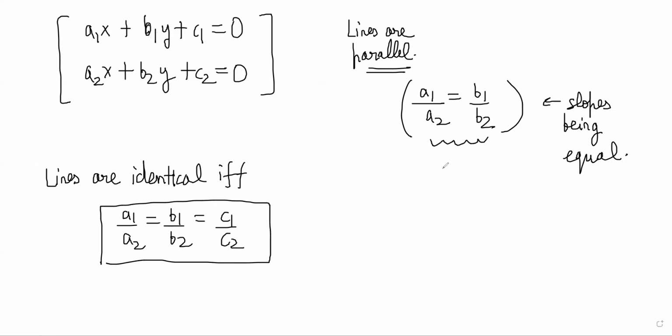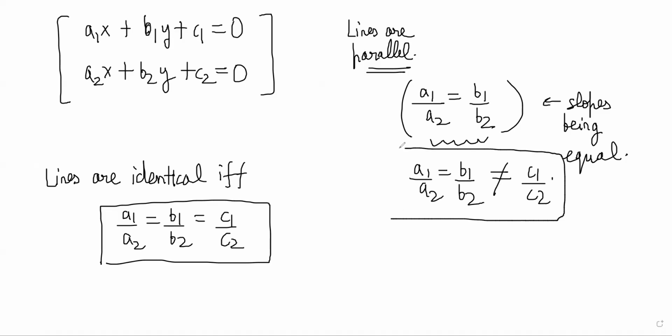For parallel lines, you have to say that a1 by a2 is equal to b1 by b2, but not equal to c1 by c2. In this case, the ratios of the coefficients of x and y are equal, however that is not the ratio of the constant terms. Because if the constant terms are also in the same ratio, then the lines are identical. So you need to know that.